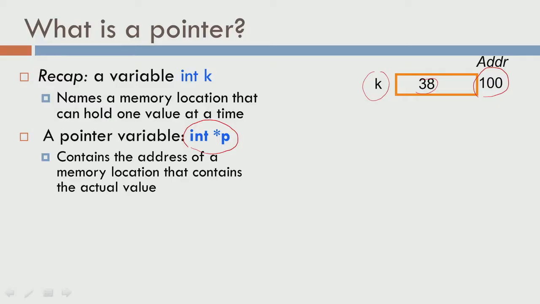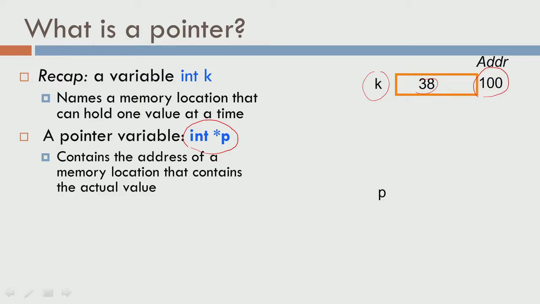Remember, star is not a valid character in a variable name in C. The star is reserved for something specific, and in this case p is supposed to be a pointer to an integer. If I declare int star p, this p can contain memory locations instead of the actual value. Let us see what that means.